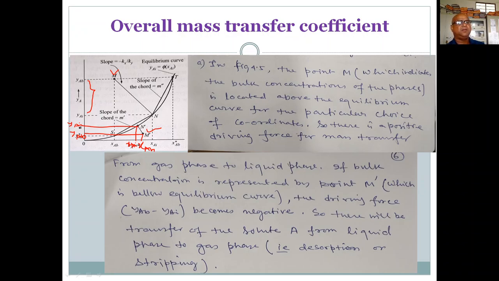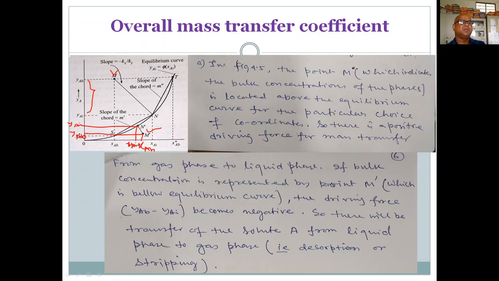Conceptually they are the same, but you have to see the point. If the equilibrium curve is there and your M point is above it, then mass transfer is from the G phase to the L phase. If the M point is below the equilibrium curve, then mass transfer will happen from the L phase to the G phase. The point M, which indicates the bulk concentration of the phases, may be located above or below the equilibrium curve for a particular choice of coordinates, so there is an opposite driving force.